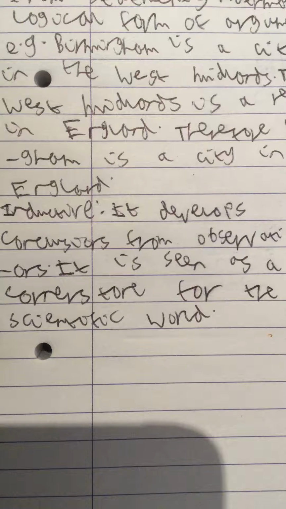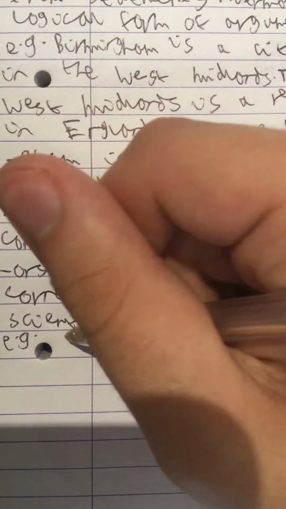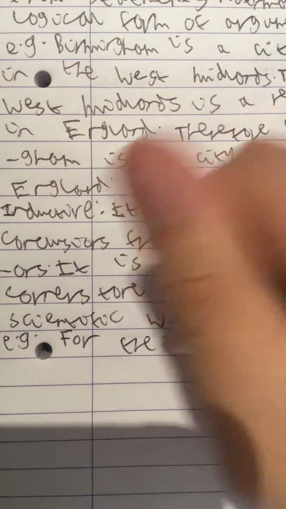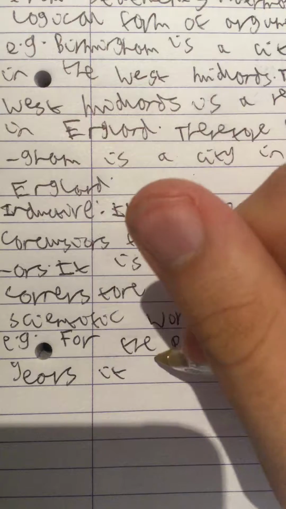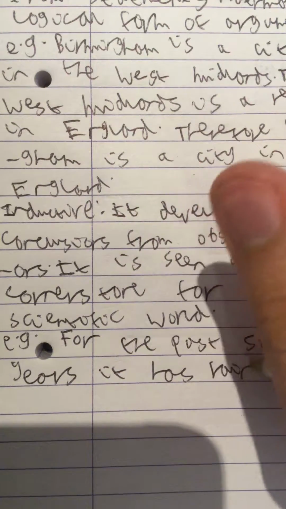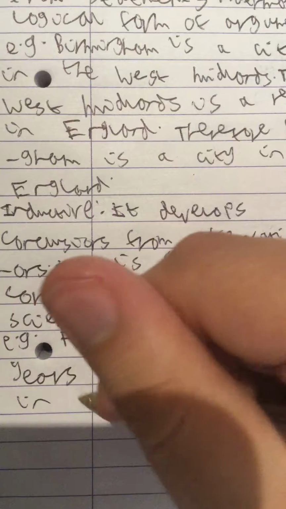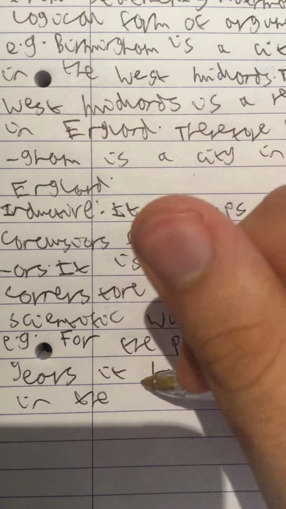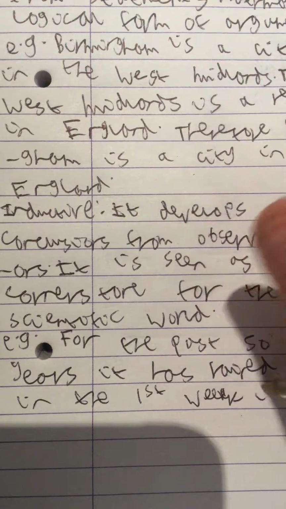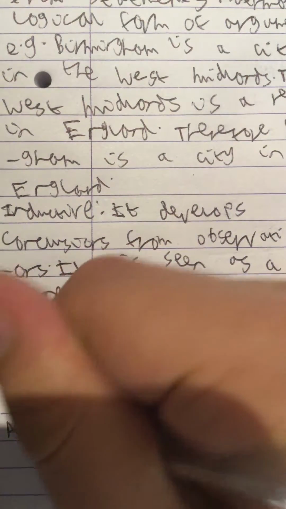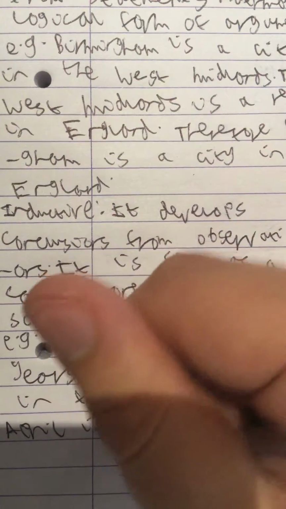Right. So now I'm going to give an example of an inductive argument as stated. So this example would be for the past 50 years, it has rained in the first week in April in the Lake District.